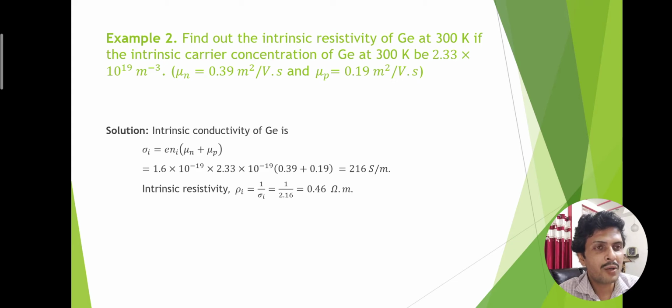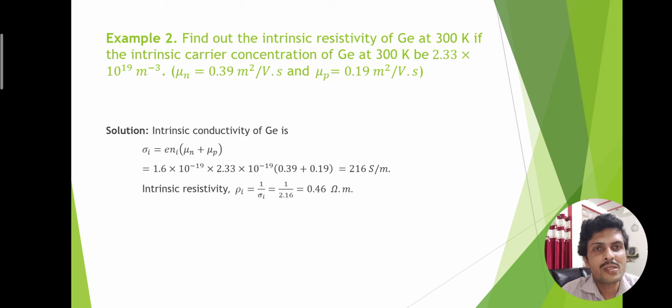Now both the values of electron and hole mobility are given here, and the intrinsic carrier concentration Ni is also given. You know the electron charge, that is why it is not given. For such problems, normally the electron charge and Boltzmann constant are required to be remembered.